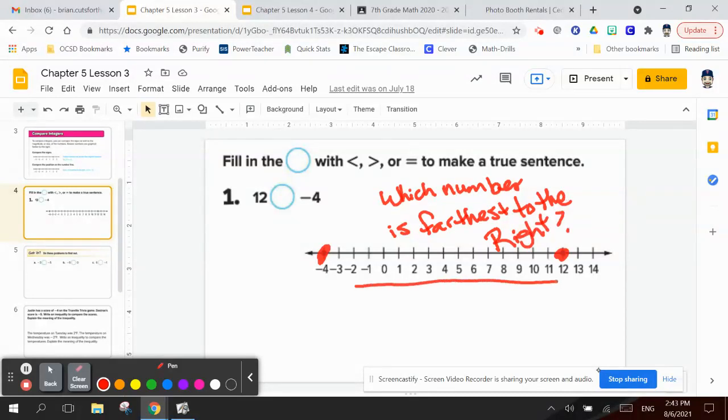We're looking to the right this way, which is the furthest number over. That means 12. So 12 is going to be greater than negative 4. So a greater than sign will be put in to make that a true statement.